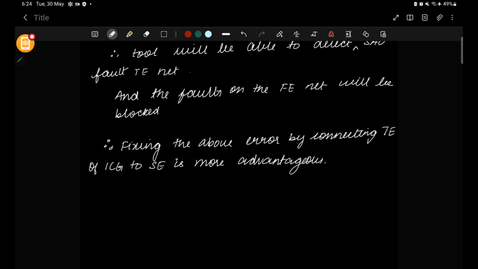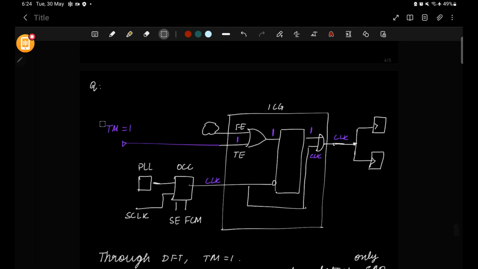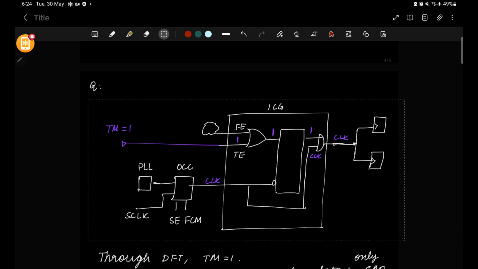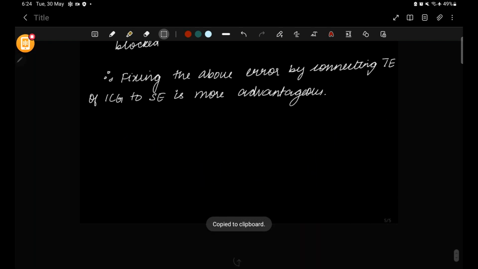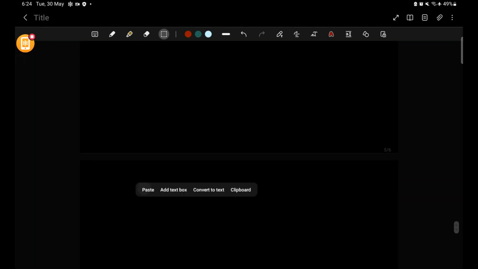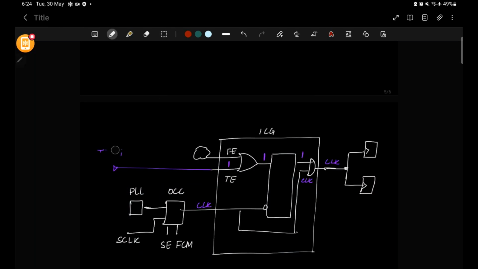So now we will see how. This is the ICG. Now here I will tie it to scan enable.